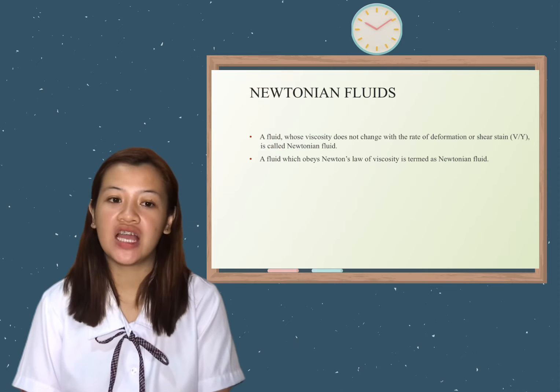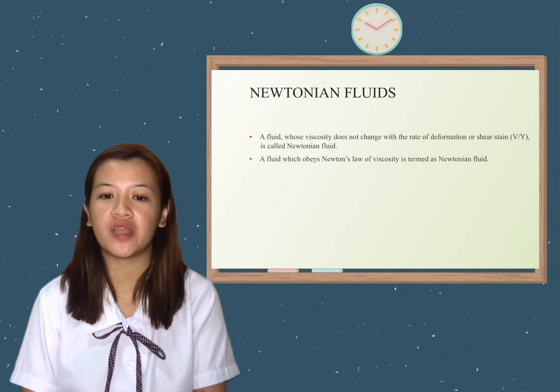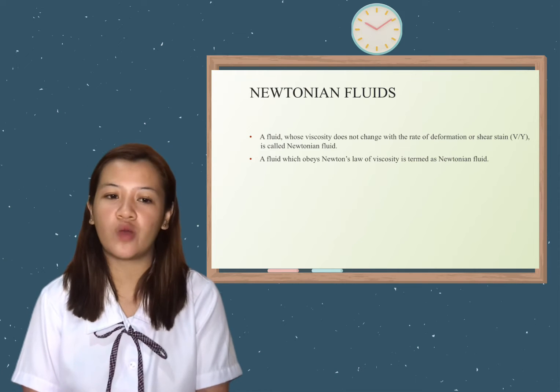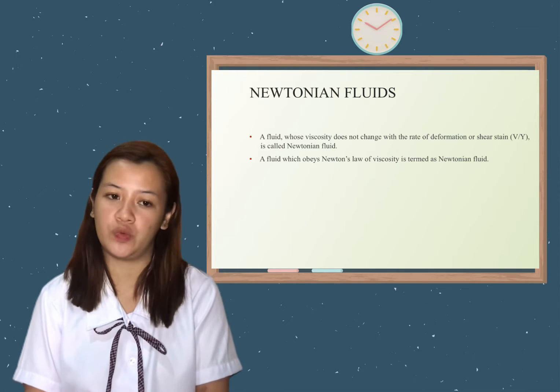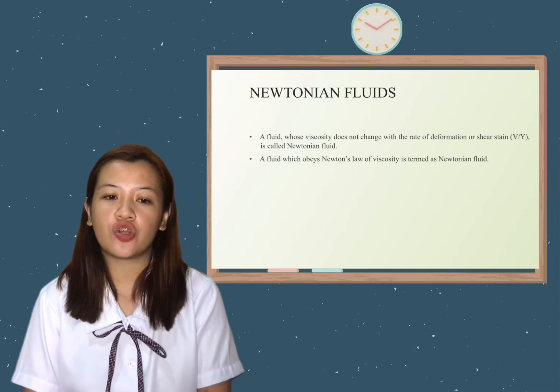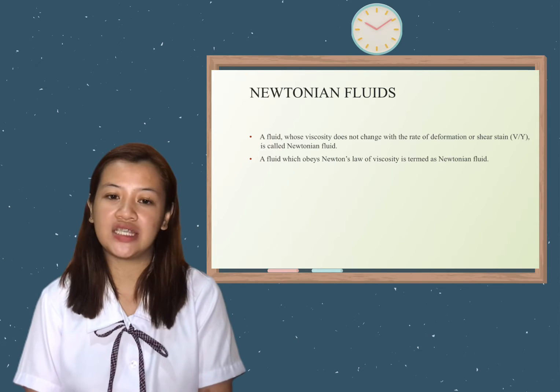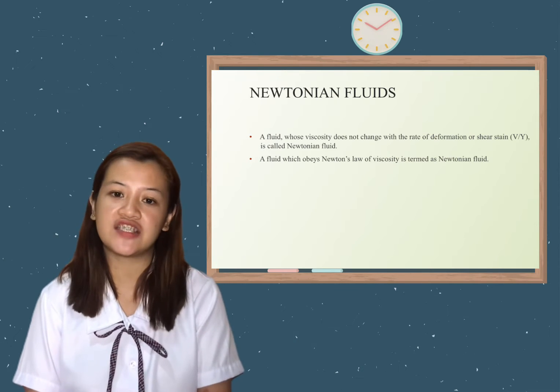Newtonian fluids. A fluid whose viscosity does not change with the rate of deformation or shear, du/dy, is called a Newtonian fluid. A fluid which obeys Newton's law of viscosity is termed a Newtonian fluid.